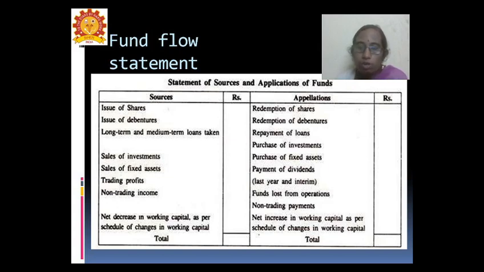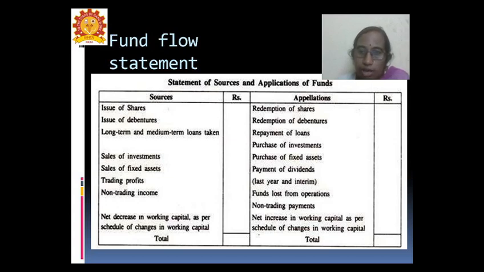Further down, the investment of the shares is given for the business. If we take the redemption of the shares, here we have the reduction in the shares. That is going to be the redemption of the shares. Issue of debentures is when the company issues debentures in the current year over the previous year's amount, and redemption of the debentures goes on the application side.